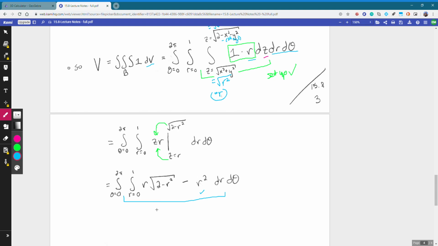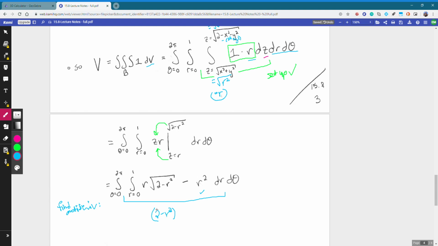And so what we can see initially is what an antiderivative is going to have to look like. Let me just write over here. Let's try and find the antiderivative for this thing on the left. It's going to have to involve a 2 minus r squared to some power.